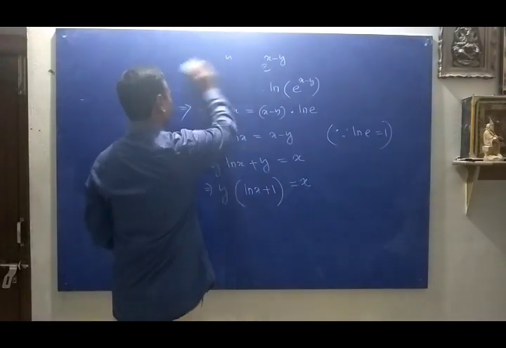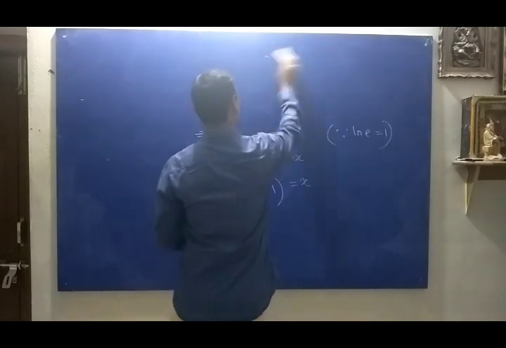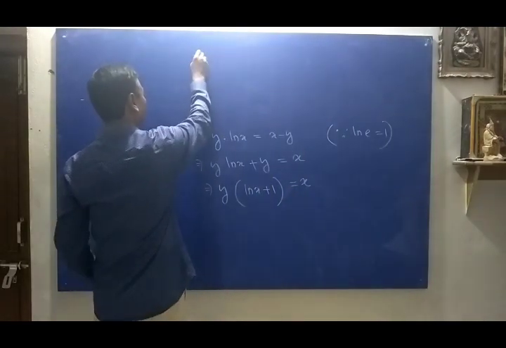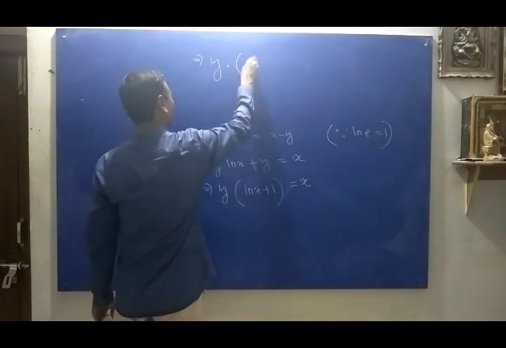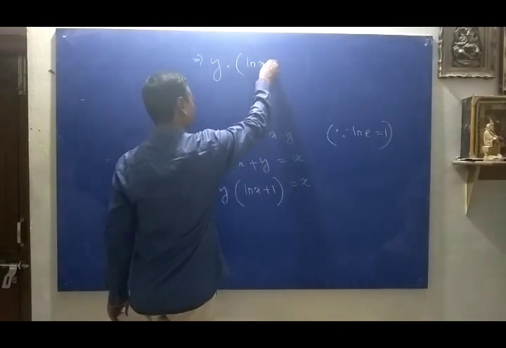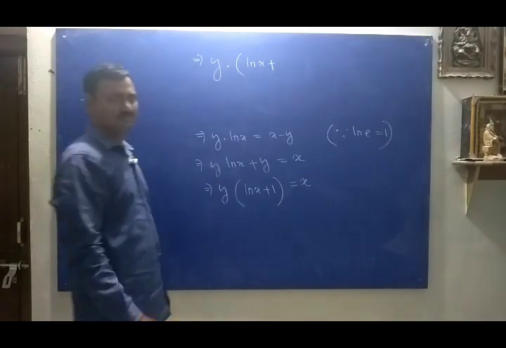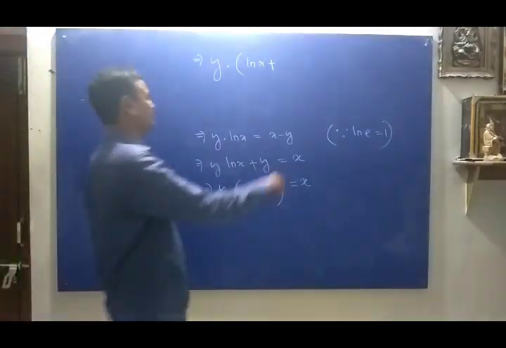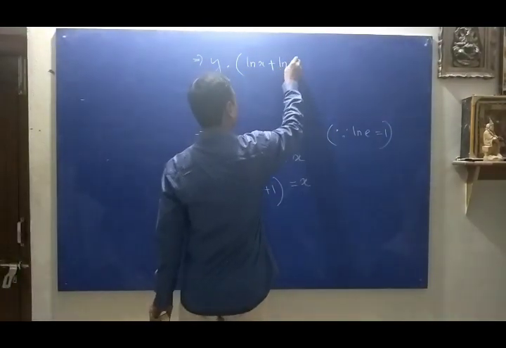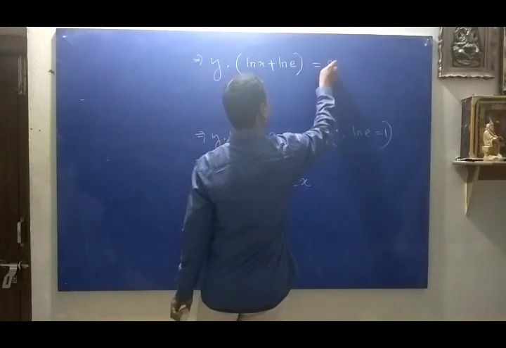So this implies y into ln of x plus, again 1 means ln of e, ln of e is equal to x.